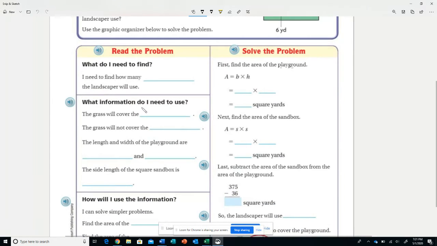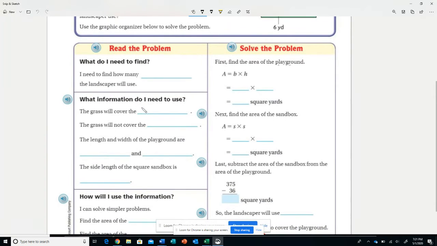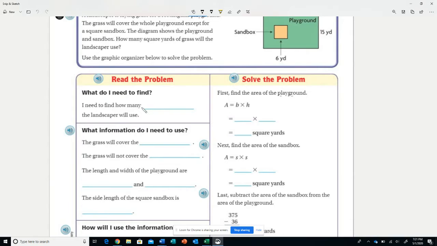So we're going to read the problem. I need to find how many, and we're going to need square yards. I'm going to abbreviate here. Square yards of grass the landscaper will use. The grass will cover the playground.